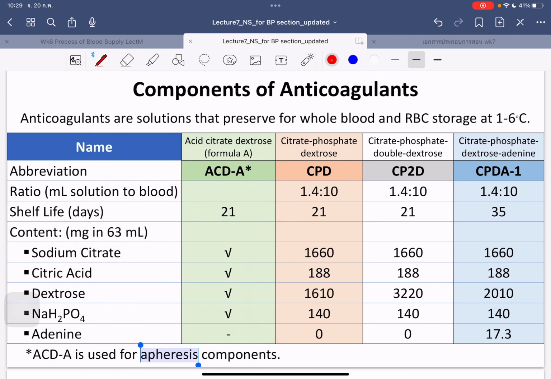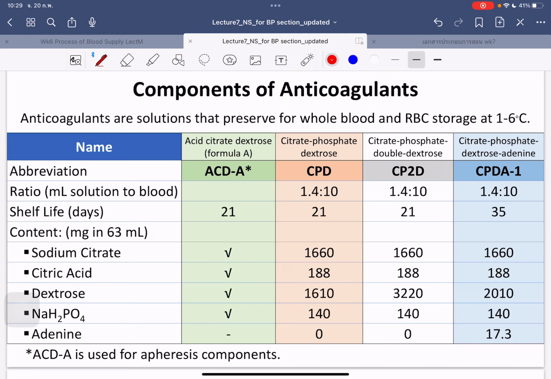Platelet apheresis. Okay, when you donate blood each time, we actually donate the whole blood, right? But you can select just one component to donate, such as plasma. We call this method plasma apheresis.